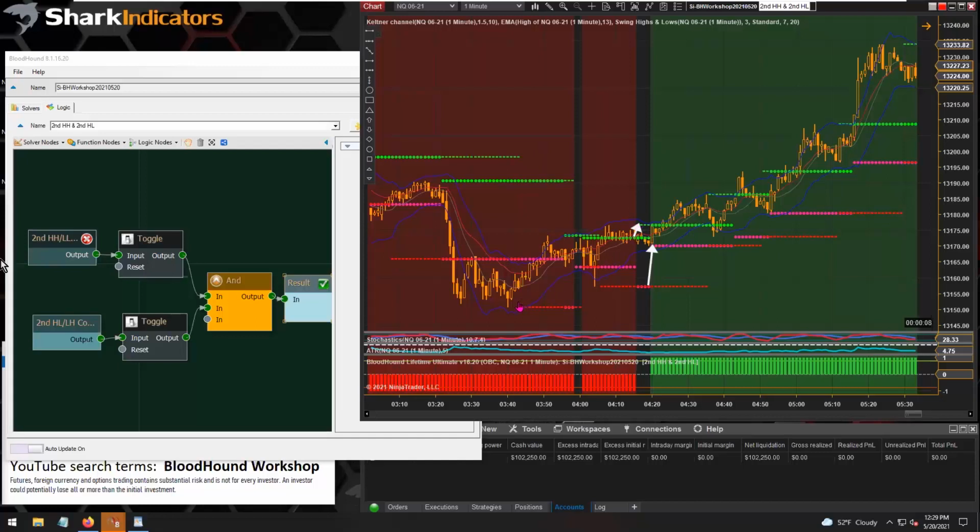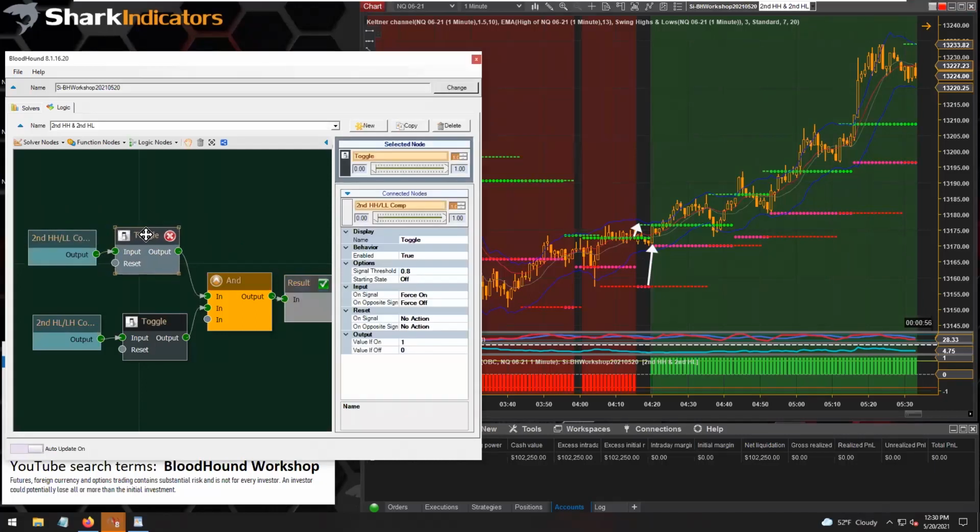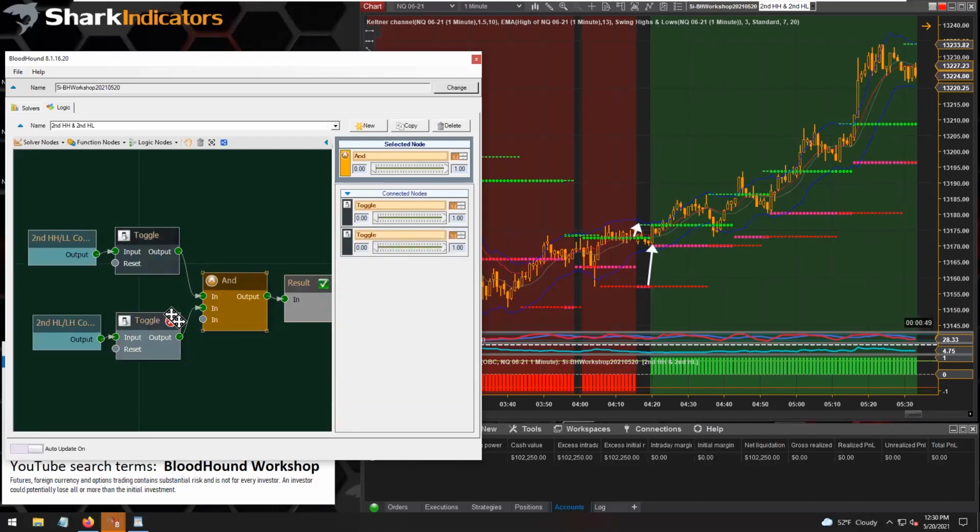The same thing with the lows: you had to have a previous low point stepping up to make a newer higher low. Then it was just a matter of throwing it into a toggle node and making sure that both of these toggle nodes are in agreement. Well, all right, so there we have it.